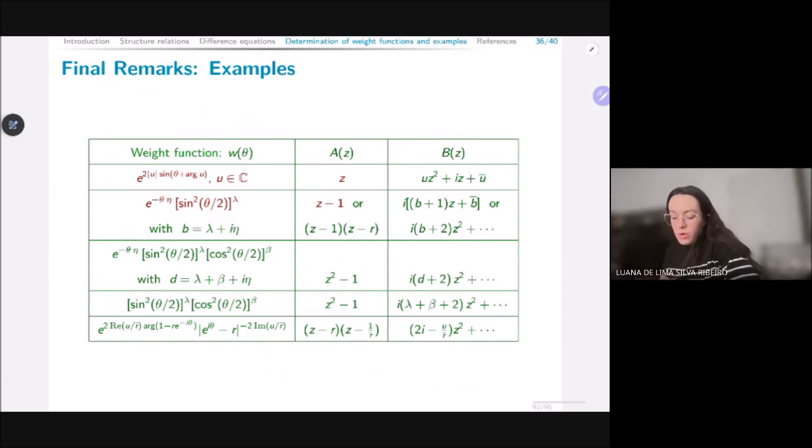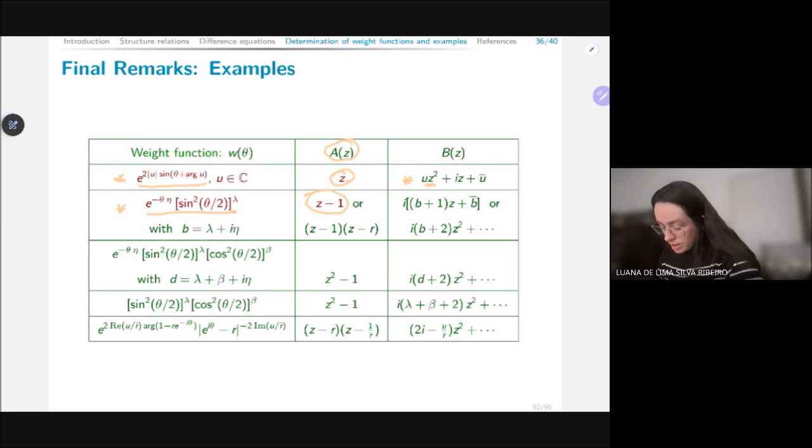So basically, the examples will be these. For polynomials A of degree 1, we have these two families of wave functions. In this first one, the polynomial B has degree 2, and A(z) has degree 1.